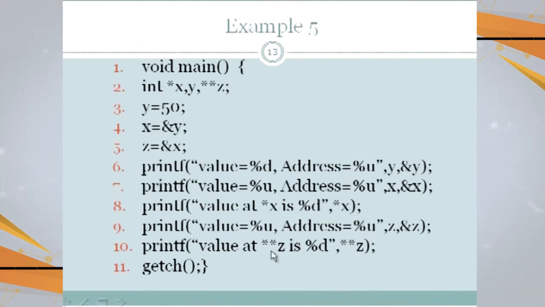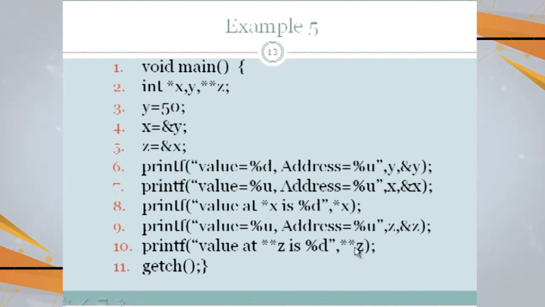And then an interesting point, how to access the value indirectly. When we access the value of y indirectly through z, then we will have to use the double * operator. That's why the statement at line number 10, value at **z is %d.